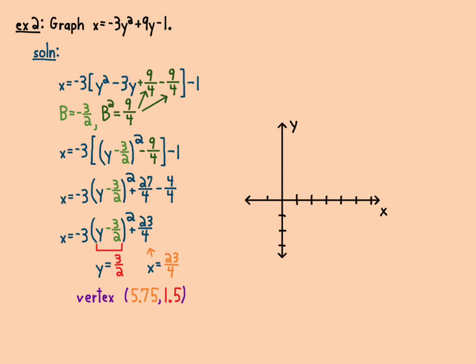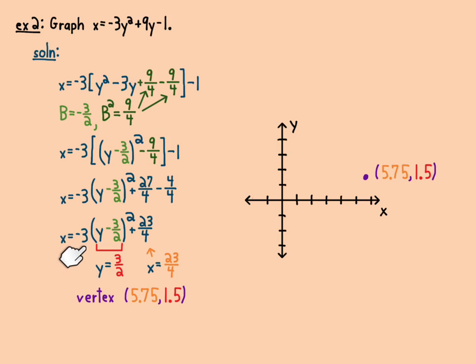So now I graph the vertex. It's around there, right? And then I have a leading coefficient of -3, which you can read off from here or from here if you did it right. Those are the same number.